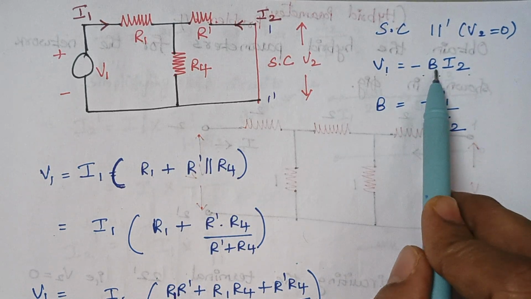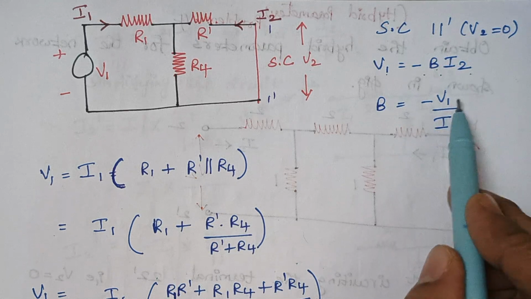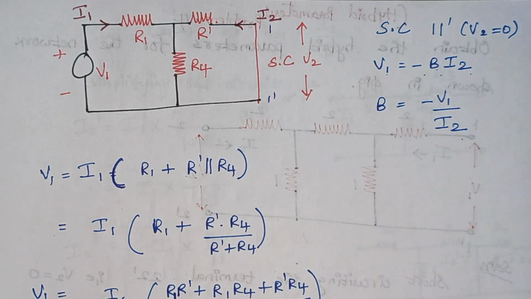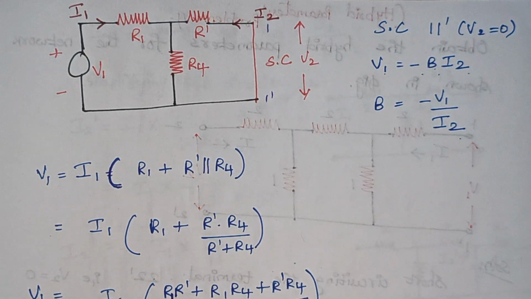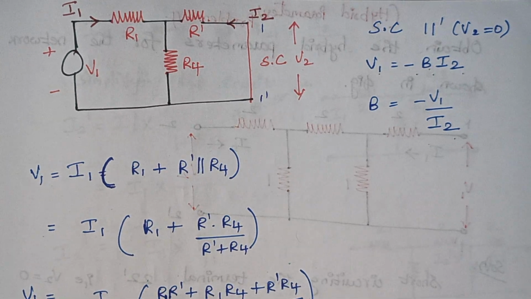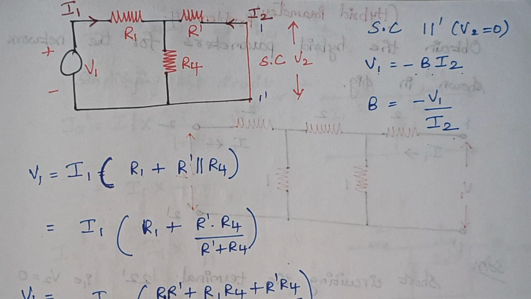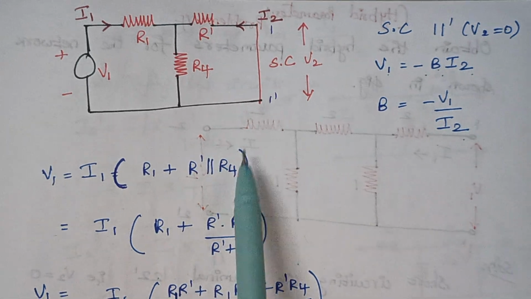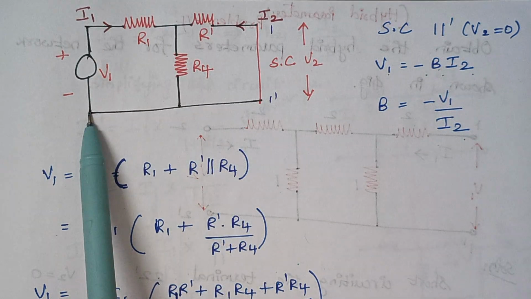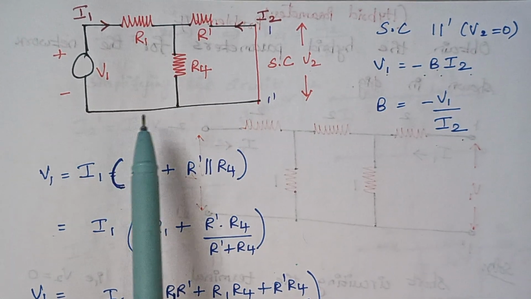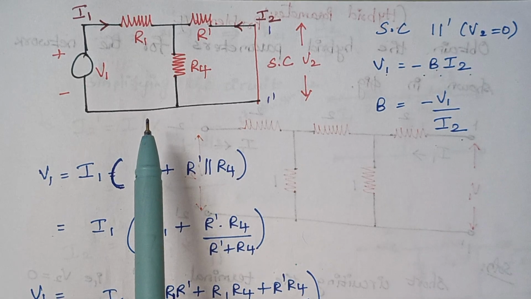Therefore, B is nothing but minus V1 by I2. Now we are going to calculate both the terms V1 as well as I2. Here this is your V1, and again V1 is nothing but I1 into Z.